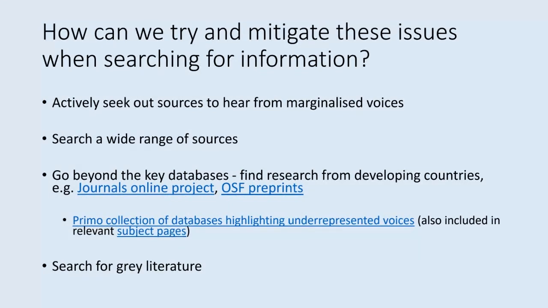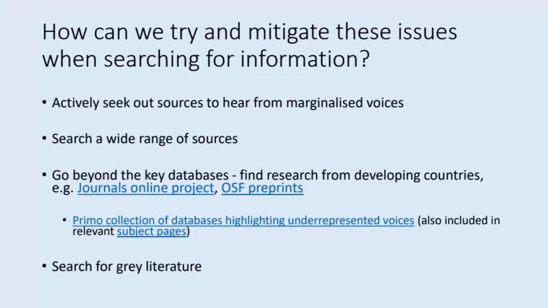And the last thing that you can do, and Jen put this in the chat, is search for grey literature. Grey literature is a great way of finding voices from everyone, rather than just those that have been published in the mainstream databases. I'm hoping that was useful to you. We could talk about this for ages.